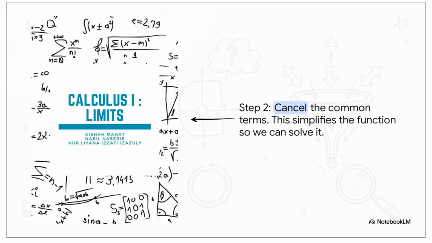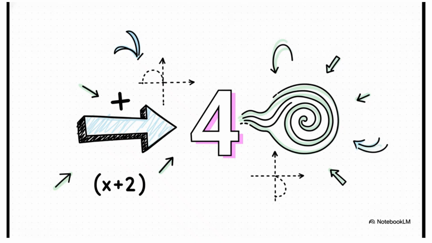And since it's on the top and bottom, we can just cancel it out. The whole problem part is gone. Now we just plug 2 into what's left, which is super easy, and our limit is 4.